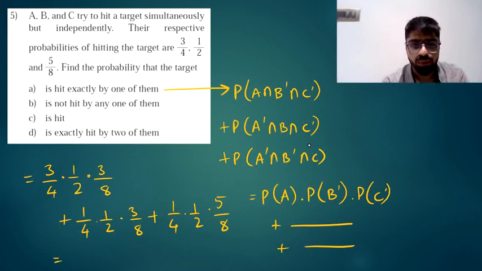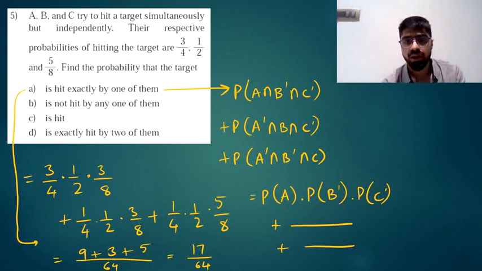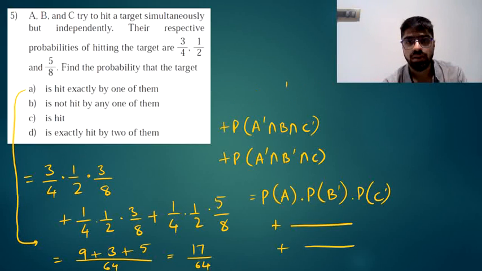So evaluating that full thing, we have 3 into 1 into 3, which is 9, plus 1 into 1 into 3, which is 3, plus 1 into 1 into 5, which is equal to 5. The whole thing divided by 4 into 2 into 8, which is equal to 64. So in the numerator, what we have is 17 and the denominator is 64. That's how we are answering your A part. And with that we go ahead with answering the B part as well.